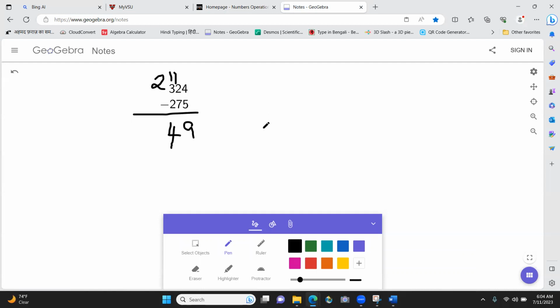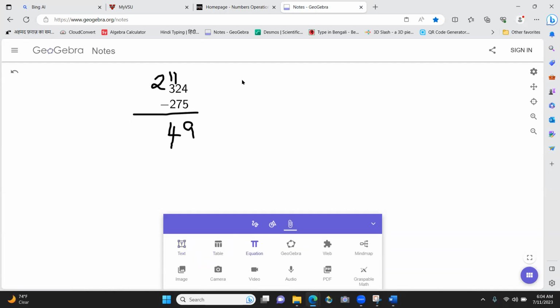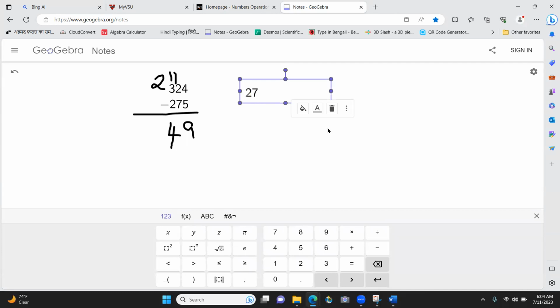And if you add 49 to 276, let's see if that works, then that's how you can check the answer. 275 plus 49. So let's employ some tricks. 275 plus 50 is going to be 325, but it's not 50, it's 49. So it is correct.